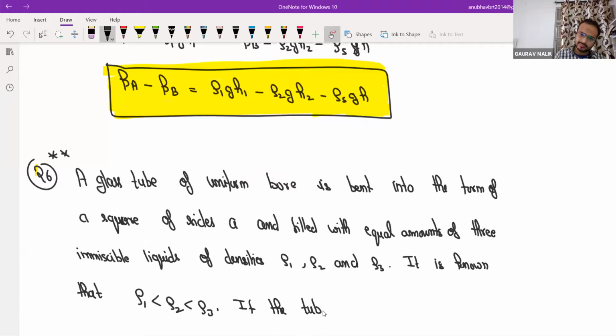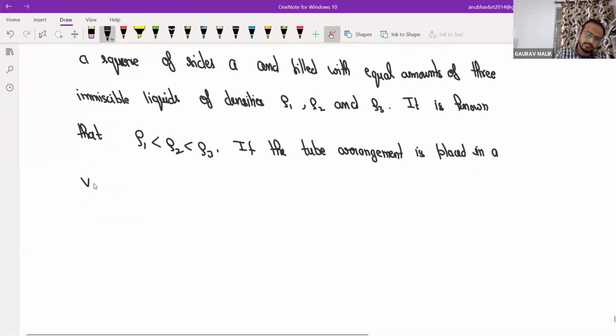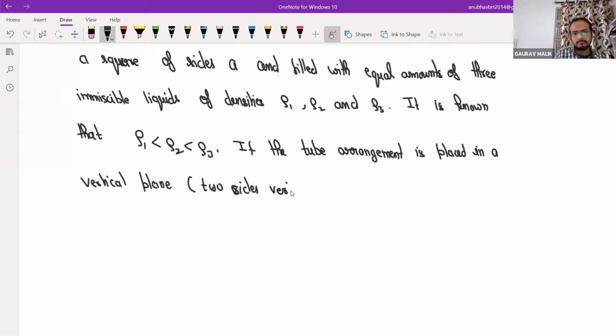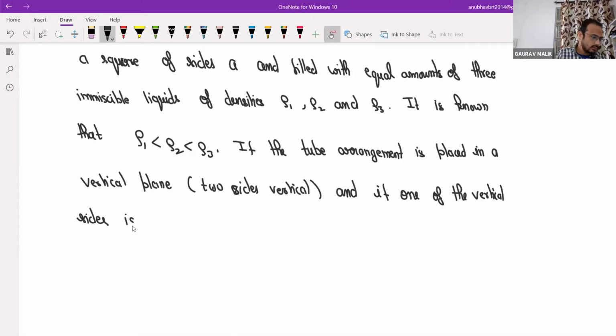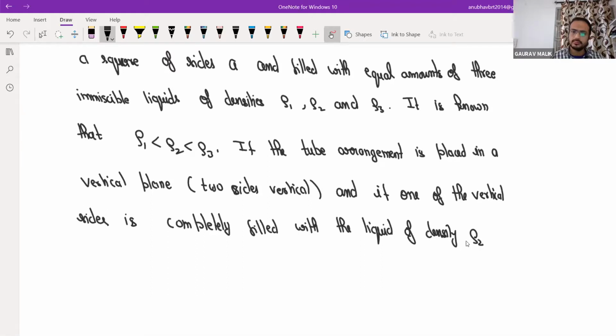If the tube arrangement is placed in a vertical plane, two sides vertical plane means two sides vertical, and if one of the vertical sides is completely filled with the liquid of density rho 2, this is the given diagram.